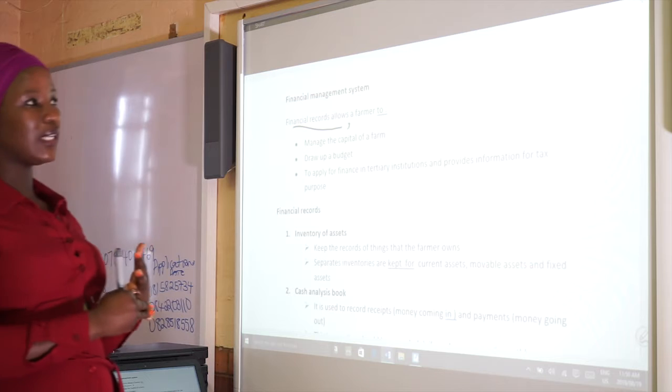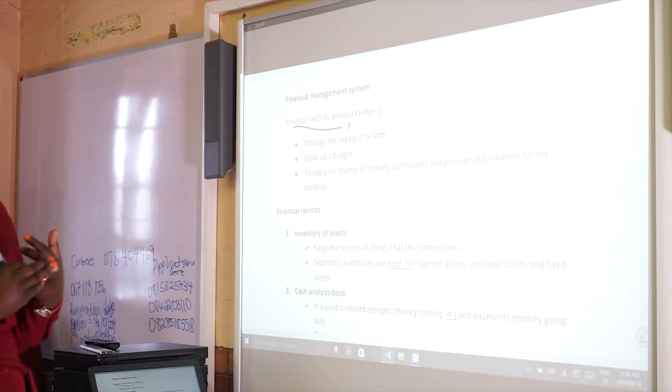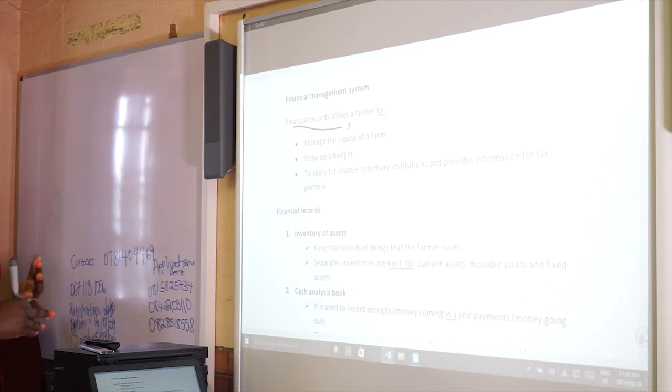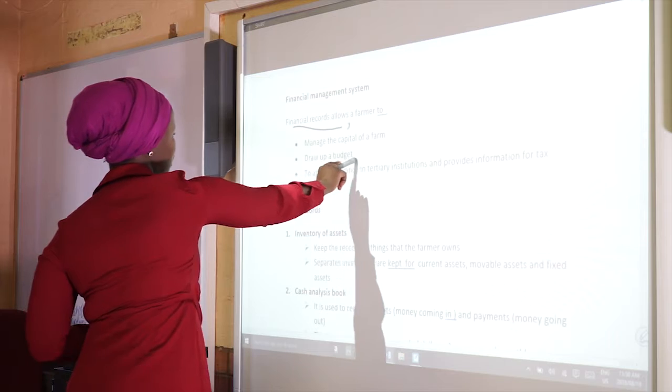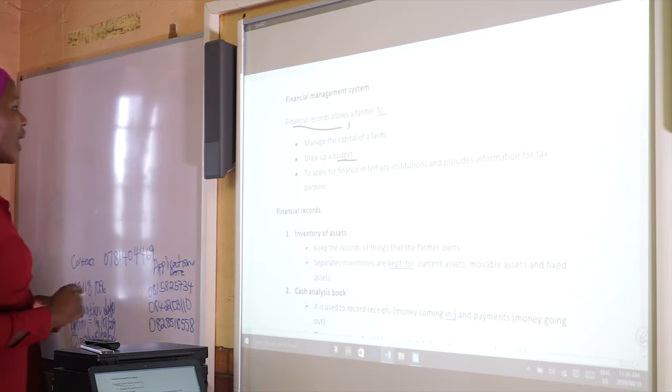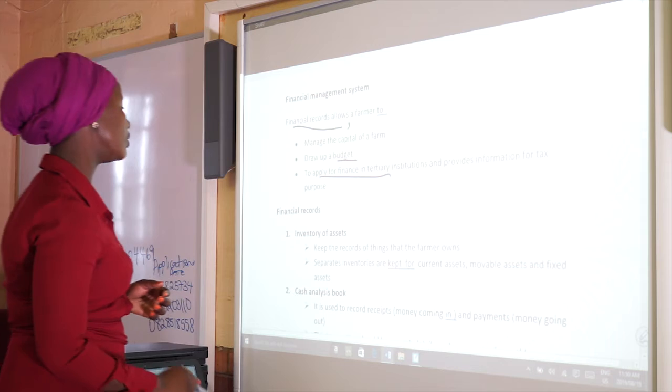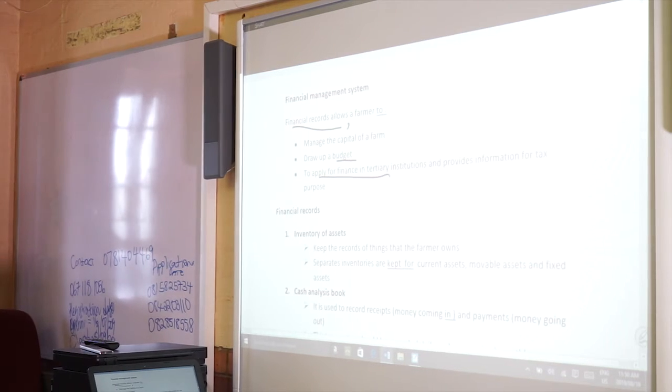As we are all sitting here, we are all very keen to see our pay slips. How much are we receiving? How much is deducted? How are we spending it? And what adjustment needs to be done. And then it assists us to draw a budget. And then when we're applying for money at a tertiary institution, we can use our financial records.